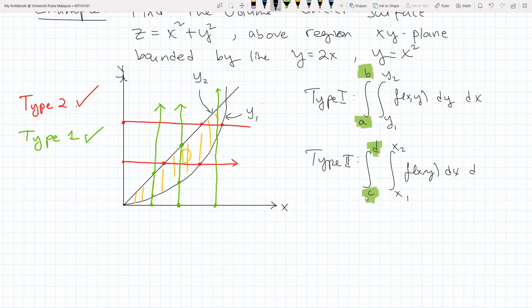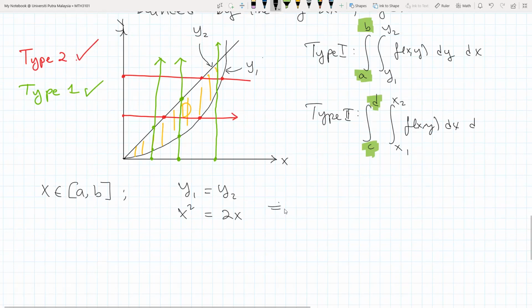Okay, so when I choose type 1, meaning that I need to find the boundaries on x. Okay, which is also easy. If you look here, boundaries of x, just find a and b. The limit on x is in between a and b. So what do we do? y1 equals to y2, which is x squared equals to 2x.